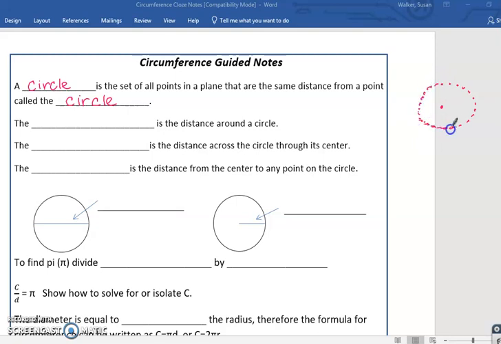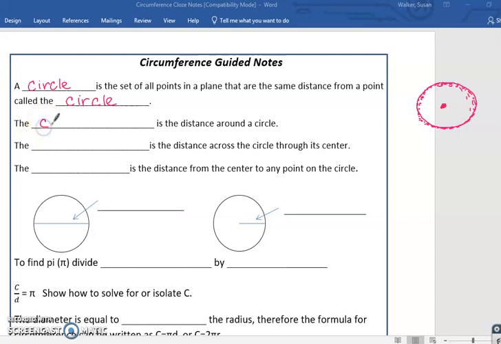Okay, so not a very good circle here. But if you think about it, all those points, eventually they'll be all a solid, I don't want to say a line, but it'll be solid around that center, okay? So that's what we call a circle.